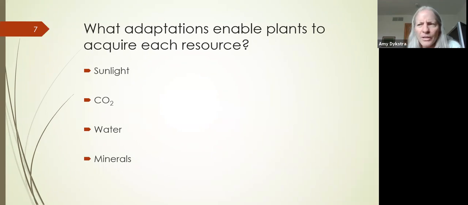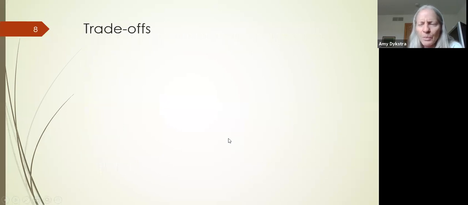So lots of people are saying large leaves to capture sunlight. I haven't seen very many people talk about CO2. Okay, there's one that just came in, stomata, which are pores in the leaves to allow the CO2 to come in. Water, a lot of people are talking about lots of branches of their roots, and minerals would be absorbed the same way. And so we'll talk about a couple of specific adaptations in a minute or two.